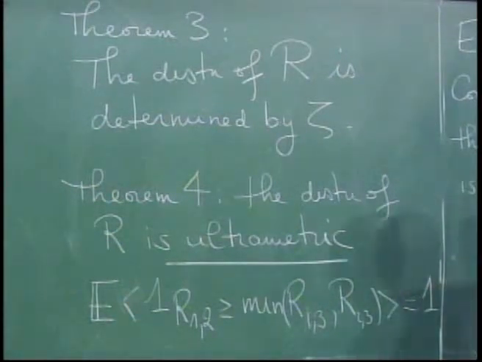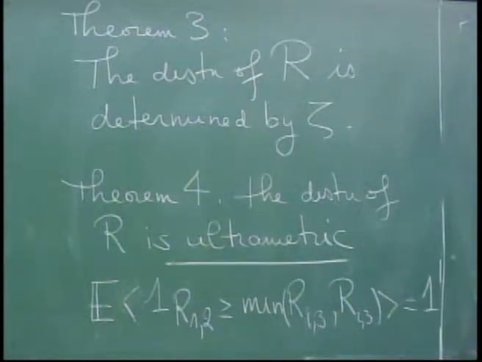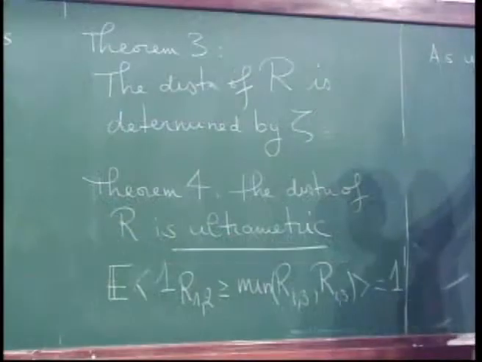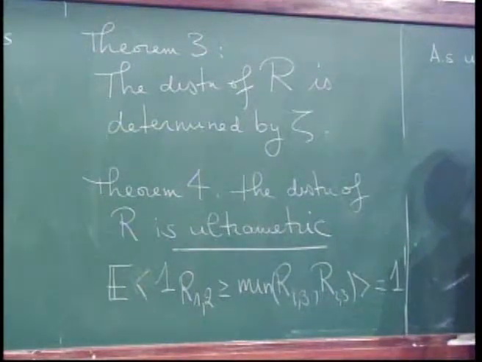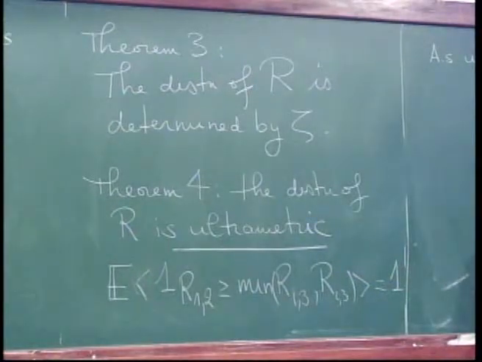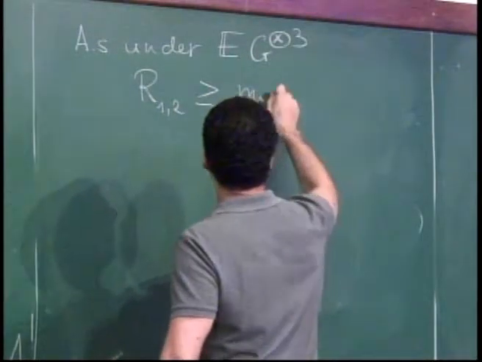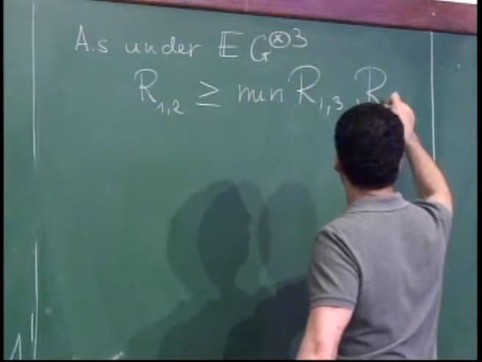So said otherwise, it says almost surely under the distribution G3, because this is a property of triangles, you take 3 points, then you have R1,2 is larger than the min of R1,3 and R2,3.